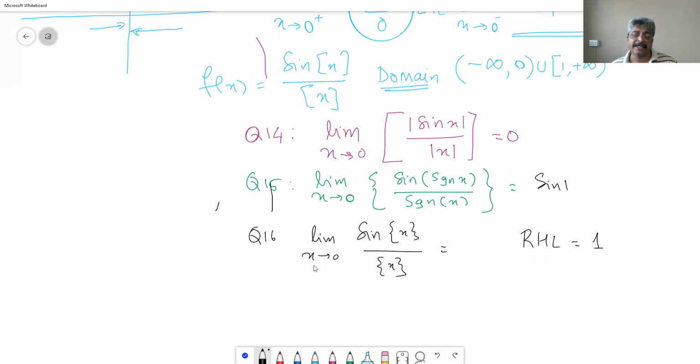Therefore, sine x upon x, as you go near 0, is the standard limit, which is 1. However, if you go from the left hand side near 0, it will be sine minus 1 upon minus 1, which is going to be sine 1. So the right hand limit is 1 and the left hand limit is sine 1, and both of them are not equal, therefore the limit does not exist, is the answer. Okay, that is where we stop.